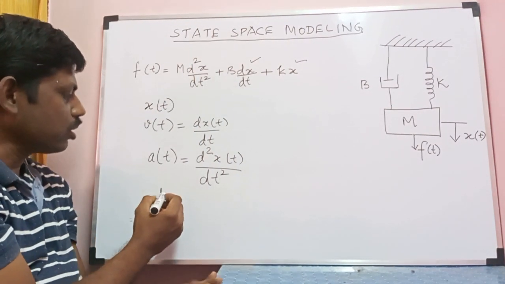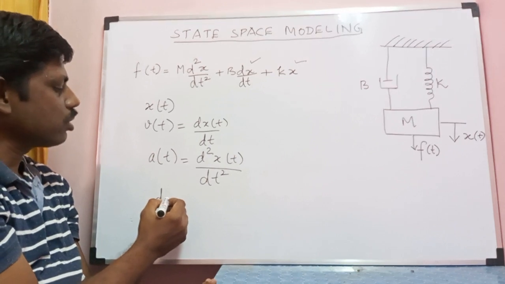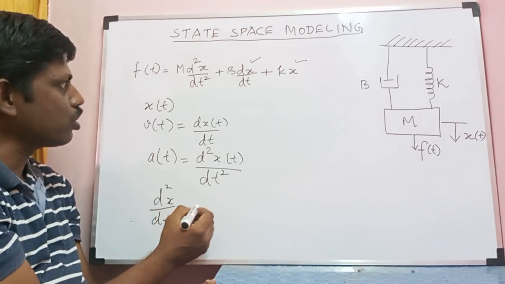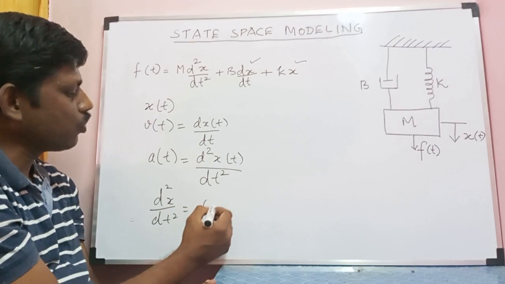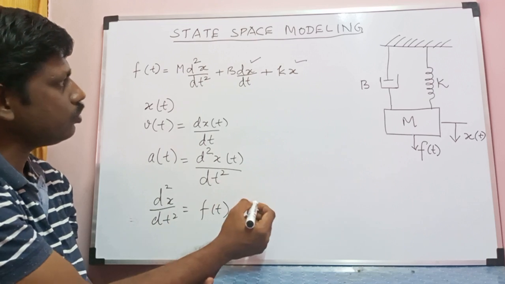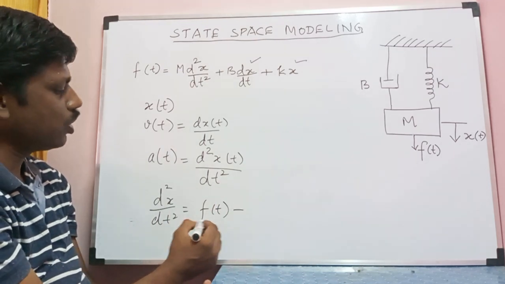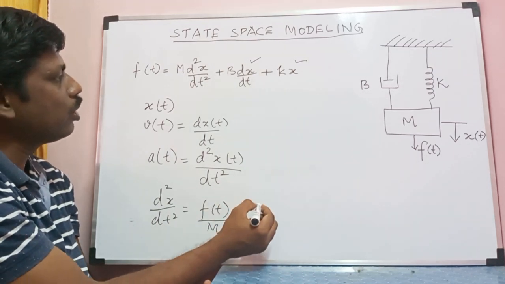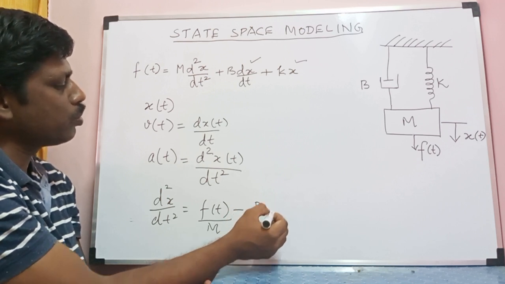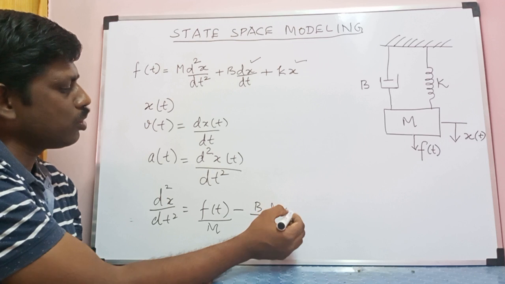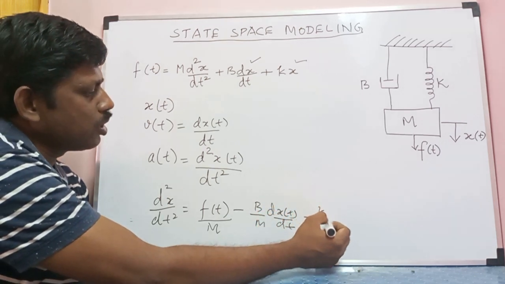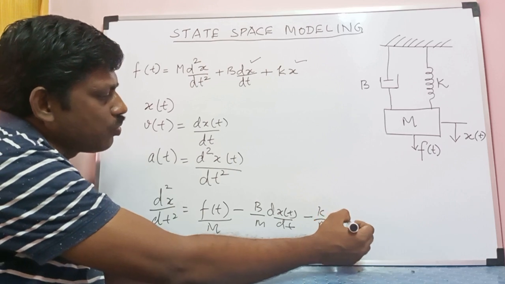For example, d square x by dt square is equal to f of t by m minus b by m dx of t by dt minus k by m x of t, isn't it?